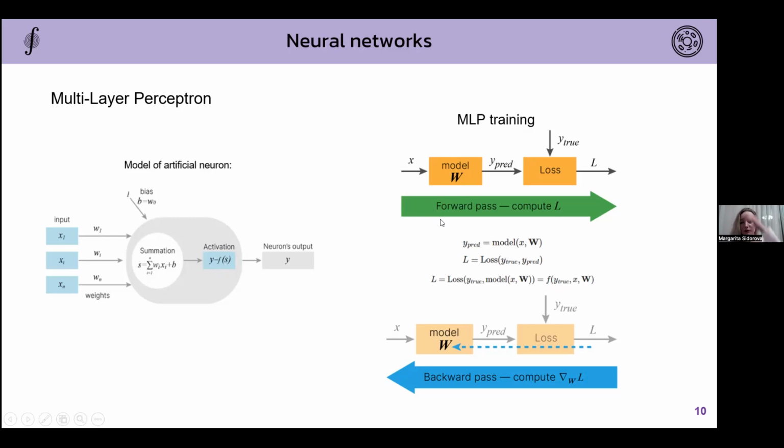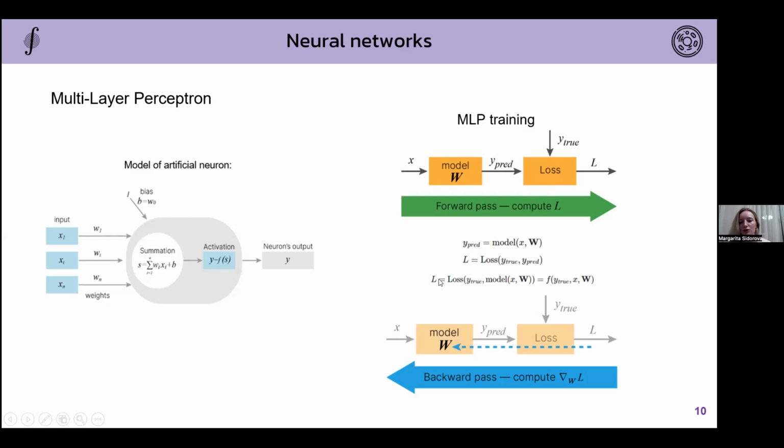During neural network training, we get Y predicted, the output of our neural network, which is in fact a function of the input and the weights. Then we can compare our predicted value with the true values, and by that compute some loss function.